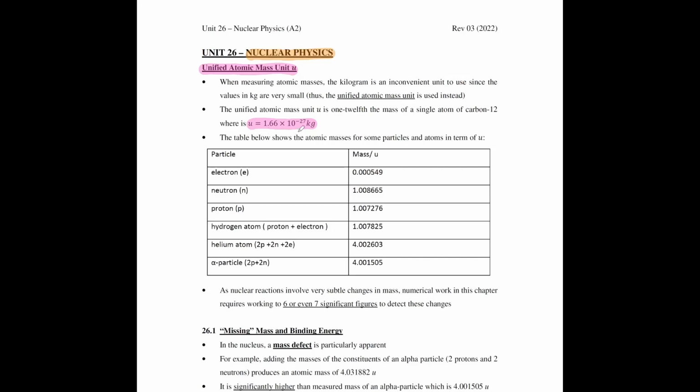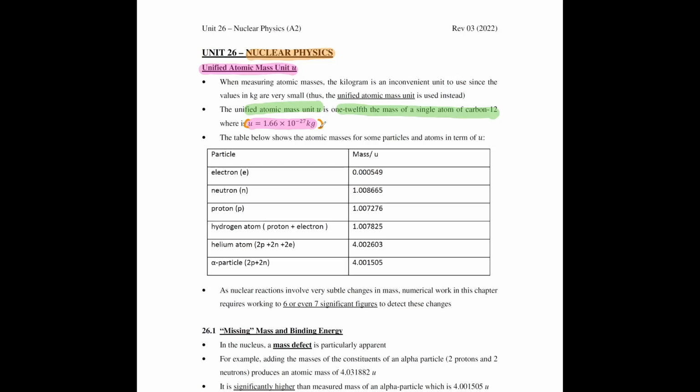The value is 1.66 times 10 power minus 27. The unified atomic mass by itself is actually just defined as 1/12 the mass of a single atom of carbon-12. All right. Now you are really just supposed to know how to get the value from your data sheet. The definition of unified atomic mass is not really required.